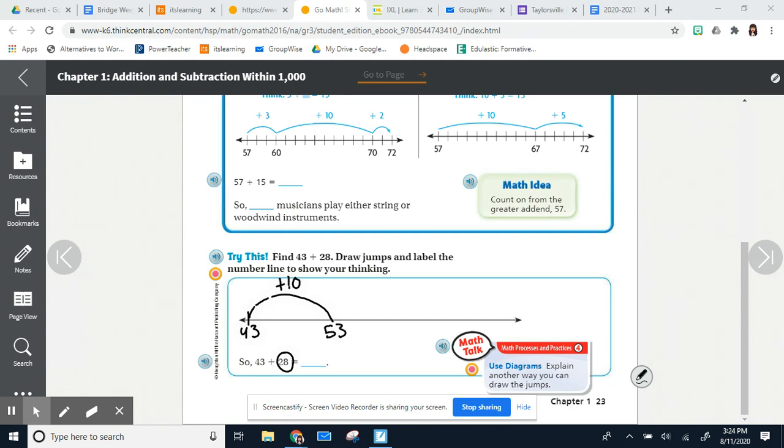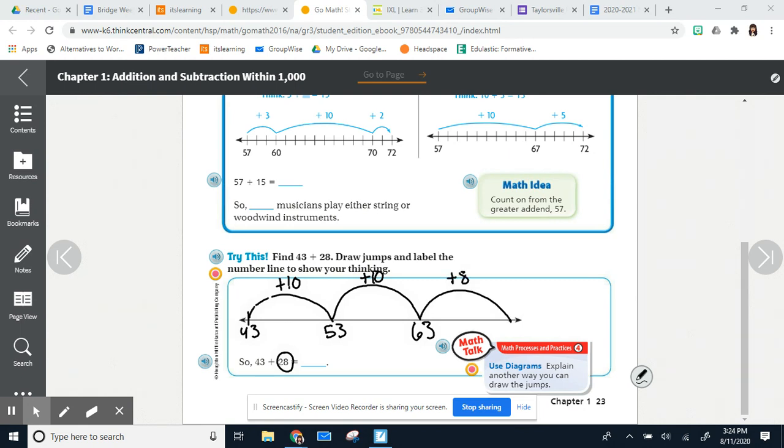Okay, but I still need 28, so I'm going to have to go another 10. So 10 and 10 makes 20. All right, so I'm going to get 63. All right, I still need 8 more. So plus 8.